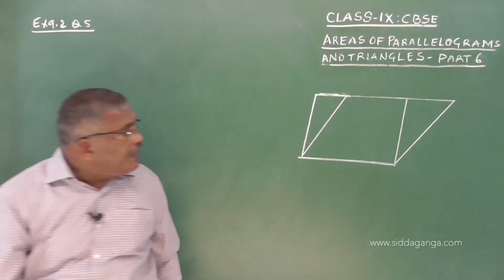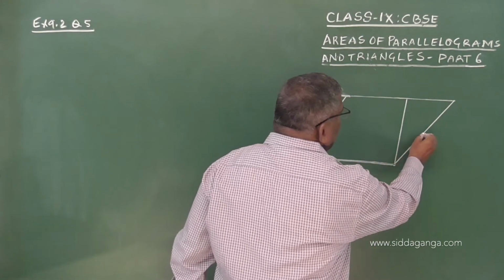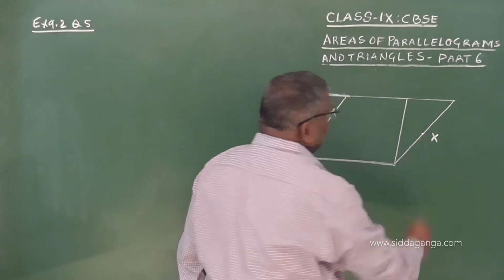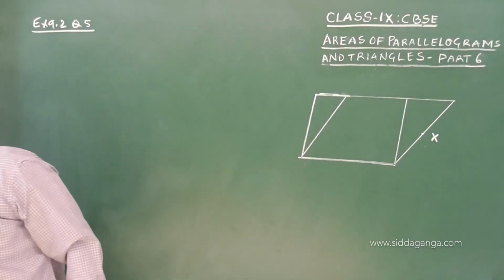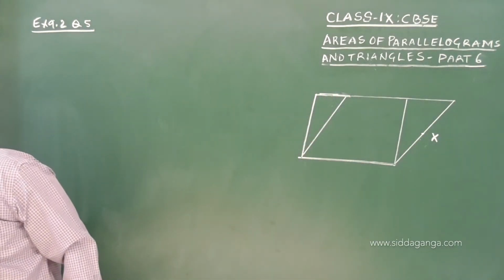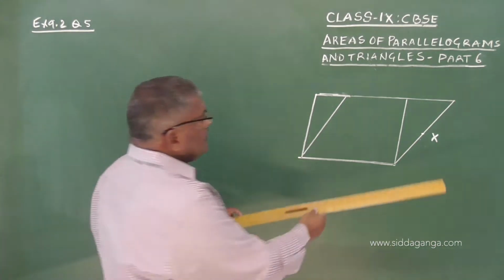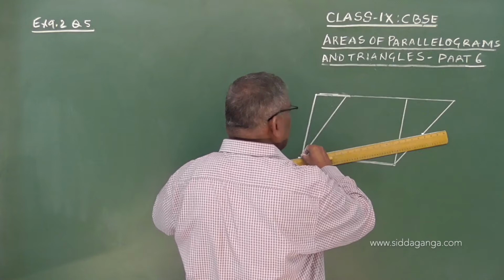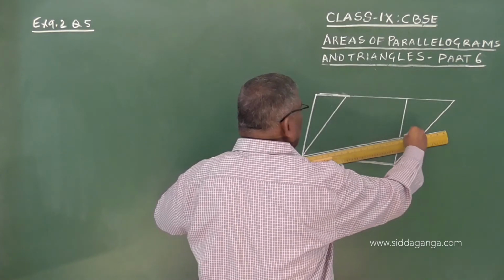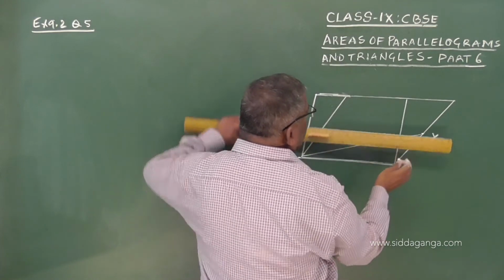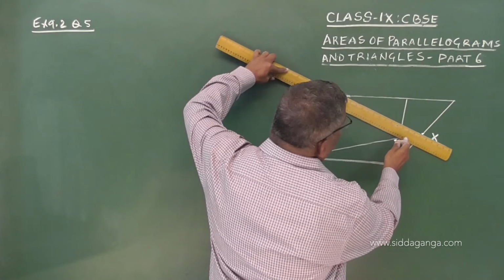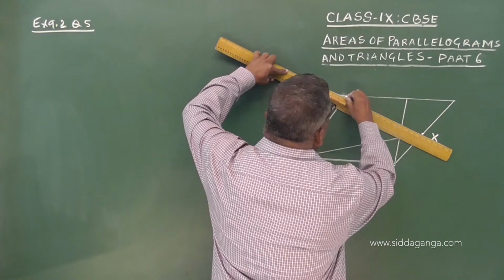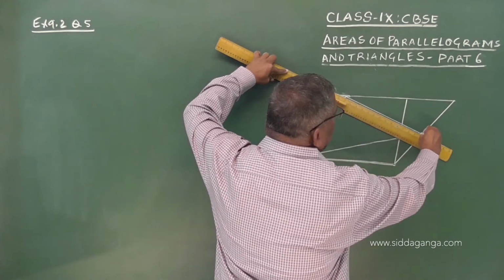And any point X here, and X is joined with the inner edges. X is joined with this point and X is joined with this point. So the sketch is readily available in the textbook.